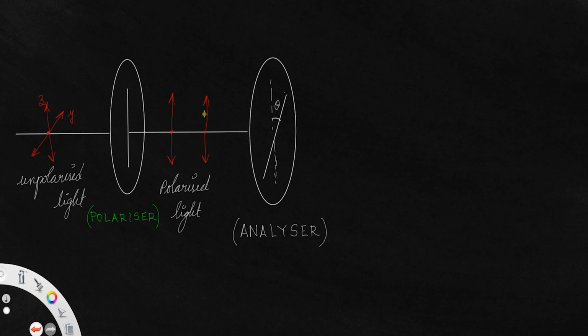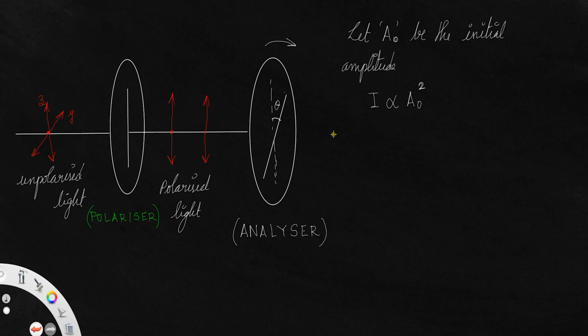Now we never get this same amplitude through this plane because we have tilted the analyzer through an angle theta. So the amplitude also changes. So let A0 be the initial amplitude, and we know that the intensity is always proportional to the square of the amplitude.